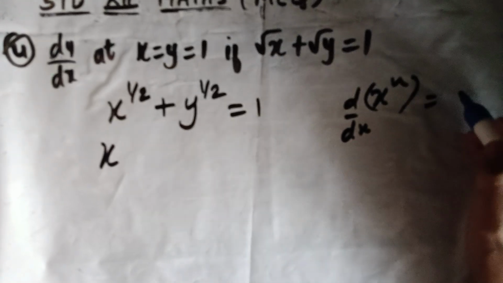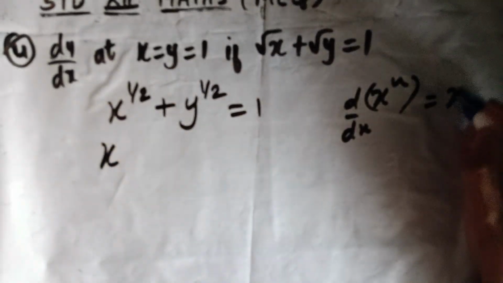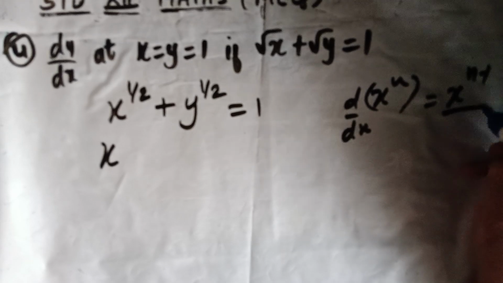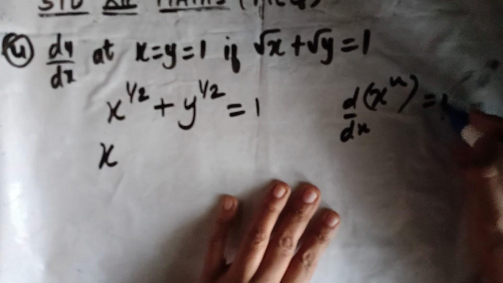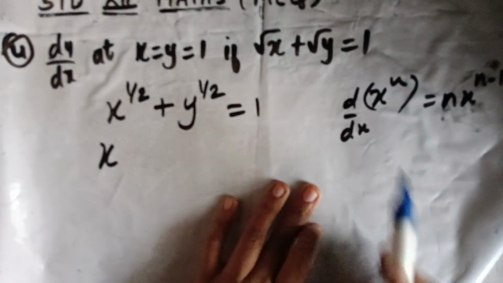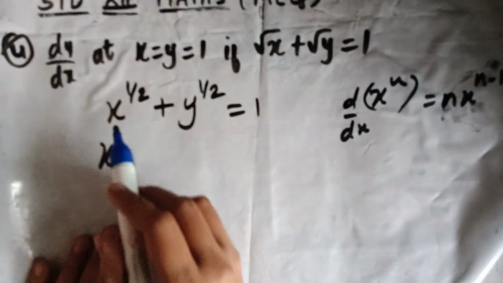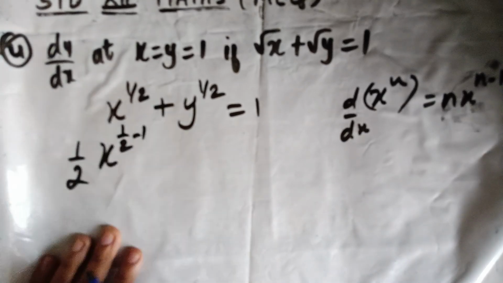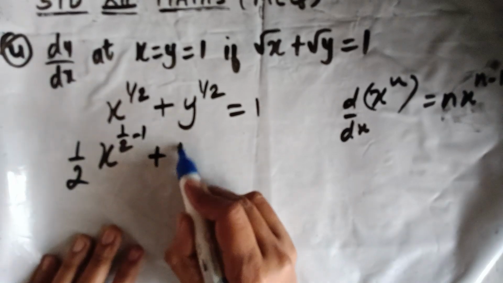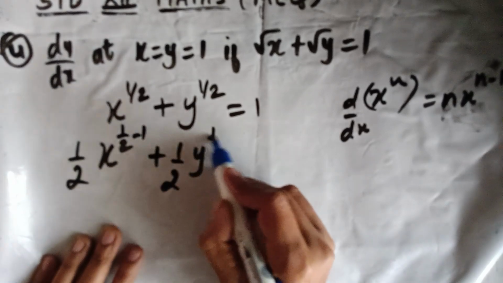I'm just revising this. You can do it directly. N into x raised to n minus 1. So here your n is half. Okay. So half into x raised to half minus 1 plus half into y raised to half minus 1.